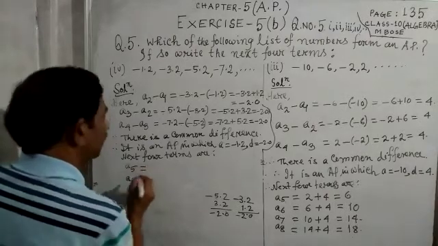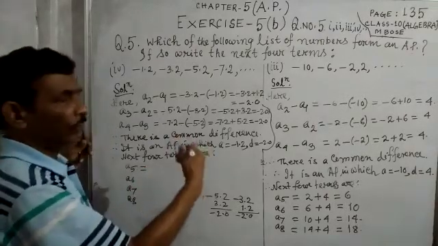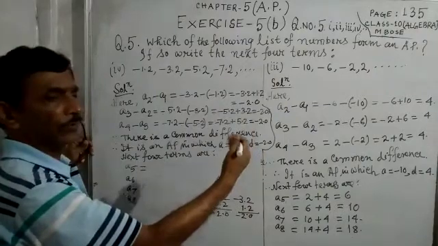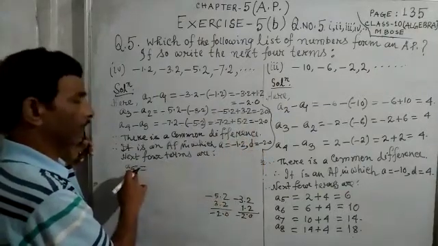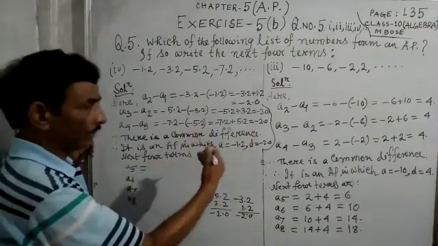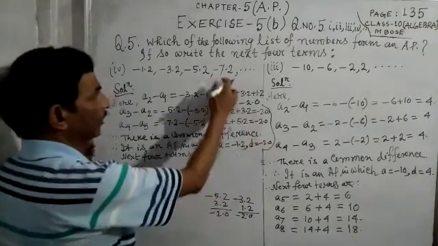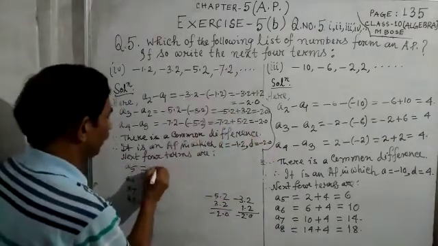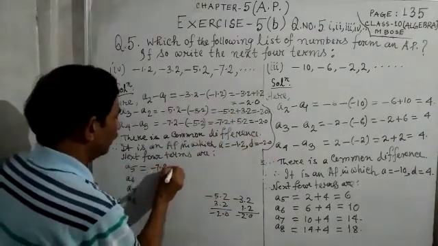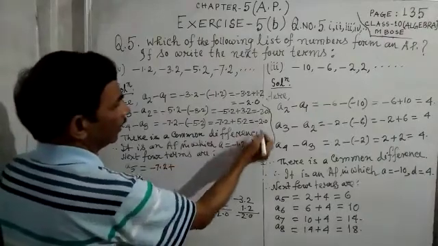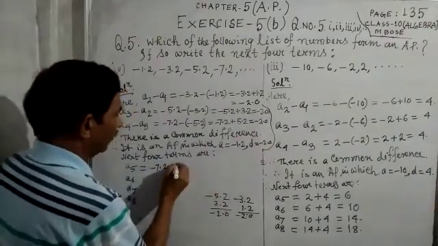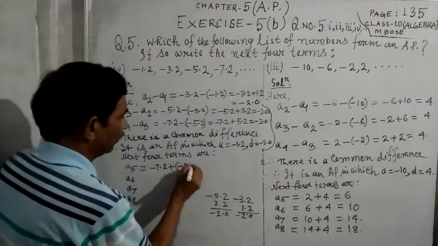So A5, if you remember, is A4 plus D. If we know the fourth term, we can find the fifth term: fourth term plus common difference. So here the fourth term is minus 7.2 plus the common difference, minus 2.0.